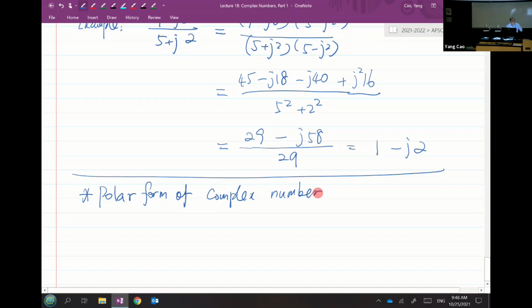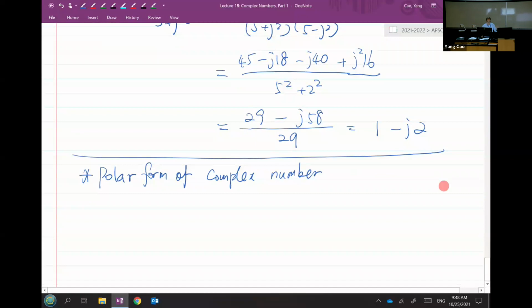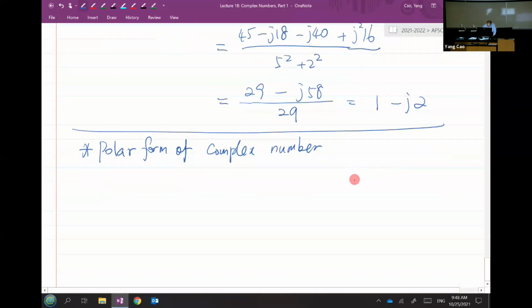Here you will see a similarity between complex numbers and vectors. Let's say we have a complex number as we illustrated, a plus jb.